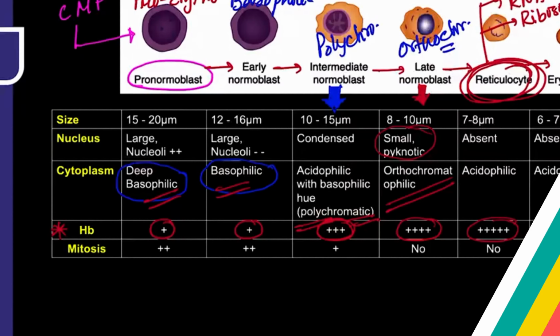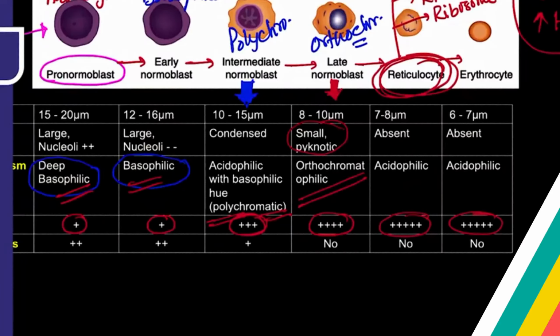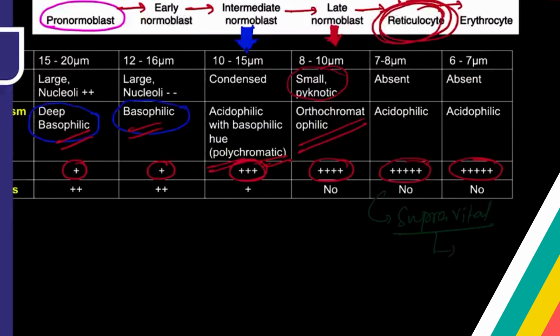If you stain this reticulocyte, reticulocyte stain means if you stain this RNA and ribosome with a special type of stain that is known as supravital stain. You know the example of supravital stain, the new methylene blue and brilliant cresyl blue.